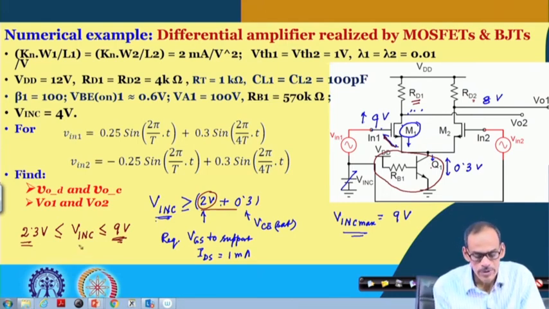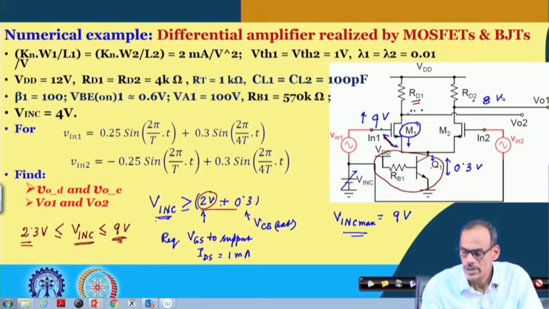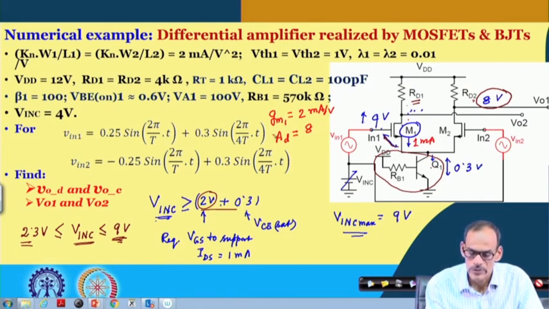Now, if we keep this V in C within this range, as I said, the current is not changing and so the DC voltage is not changing, and also since the current flow here remains 1 milliampere, the corresponding GM also remains very close to 2 milliampere per volt, and the corresponding gain remains close to this 8, right.